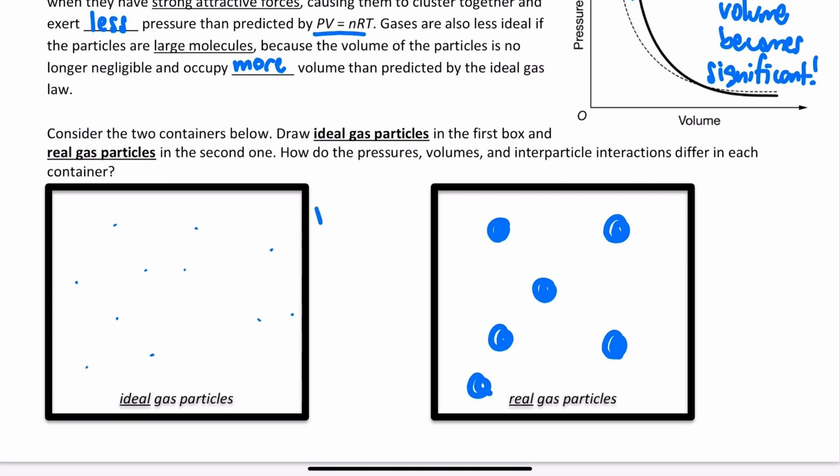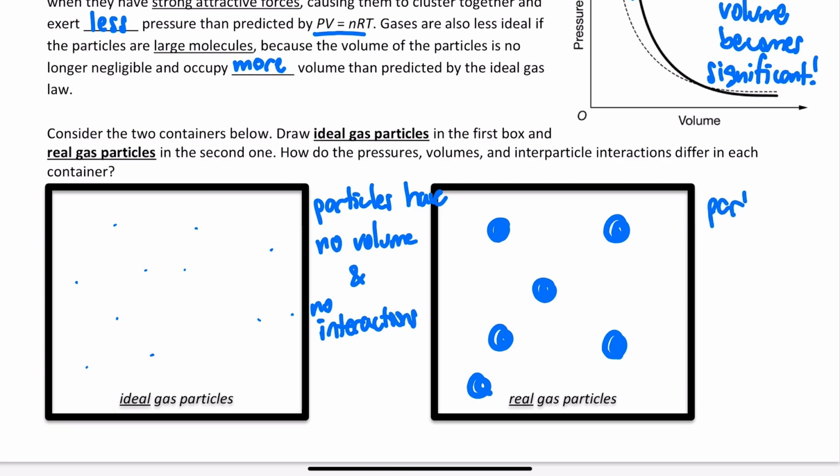So particles in an ideal gas have no volume and no interactions, but in real gases, particles actually have volume and they interact, causing those deviations we mentioned up above.